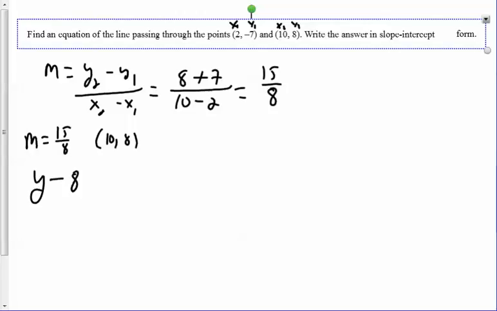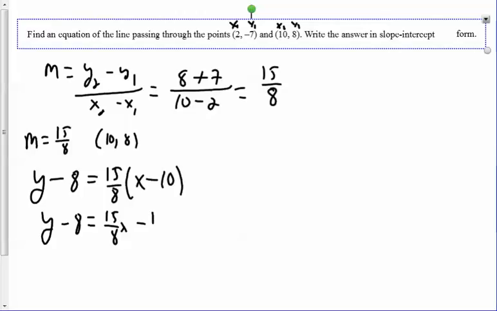So y minus y1 equals m times x minus x1. So I distribute that 15 over 8. And then I add 8 here, which is 64 over 8. Just add 8.